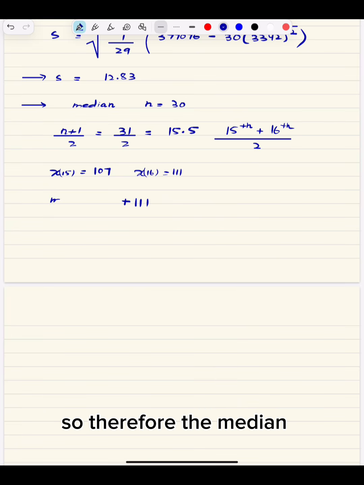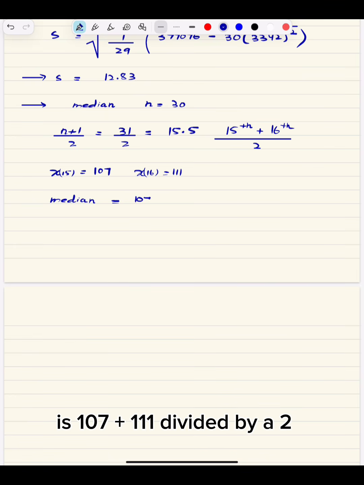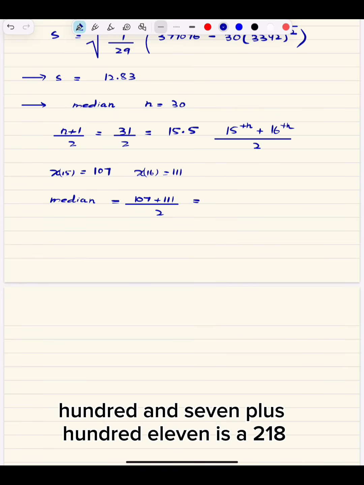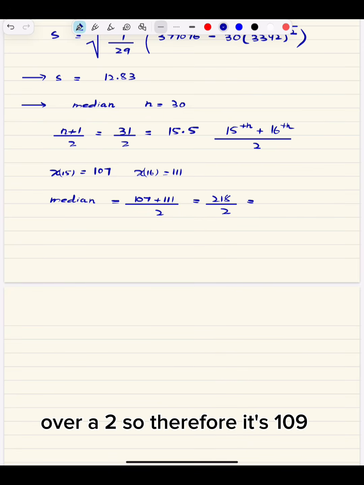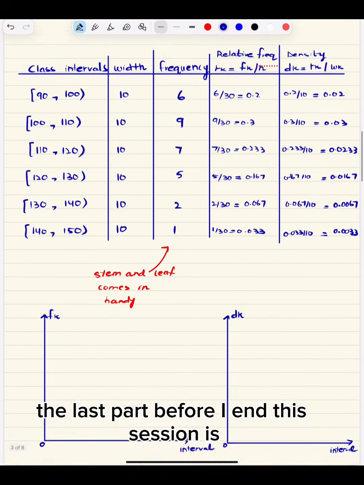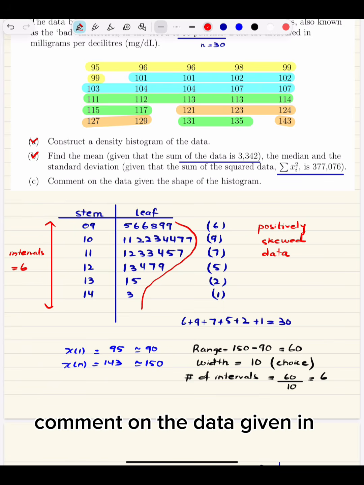So therefore the median is 107 plus 111 divided by 2. So let me take my calculator out and verify. 107 plus 111 is 218 over 2. So therefore it's 109. So the median in this question is 109.